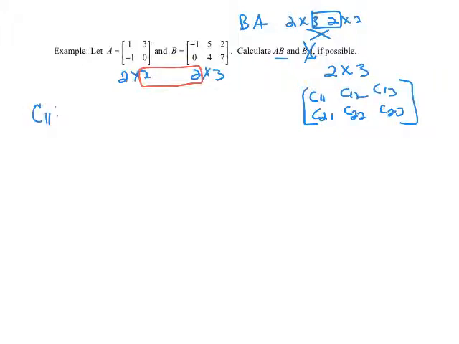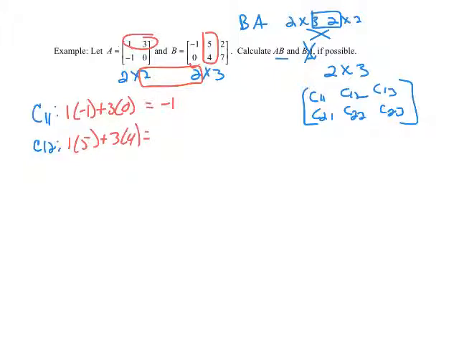C11 is going to be the first row, first column. 1 times -1 plus 3 times 0. C11 is going to be -1. C12 is going to be first row, second column. So C12 is going to be 1 times 5 plus 3 times 4.